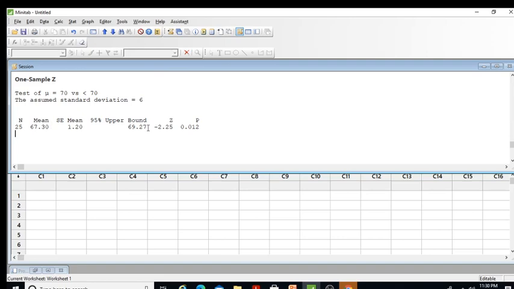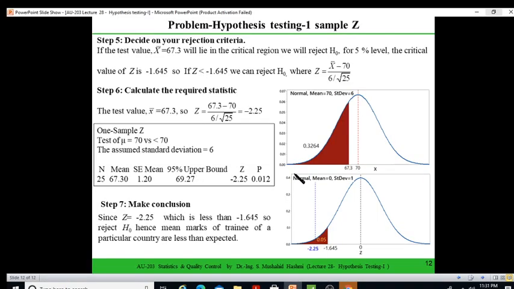So we can see that our mean is 67.3, and the upper bound for that mean value is 69.27. We can do it with the p-value, which we will do later, but this time in this lecture our critical region is less than, based on the test statistic. Its Z value comes out to minus 2.25, and its corresponding value of X bar would be 69.27.